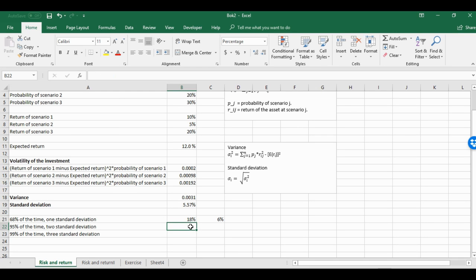95% of the time, 2 standard deviations. 99% of the time, 3 standard deviations.